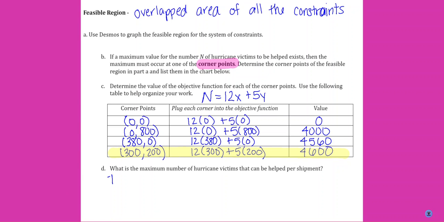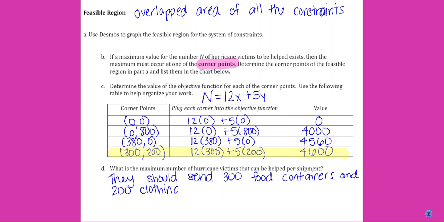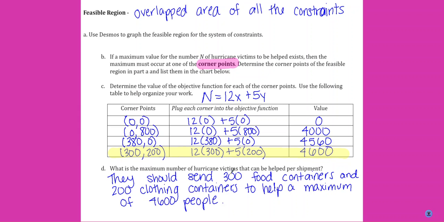So we would say they should send 300 food containers and 200 clothing containers to help a maximum of 4,600 people.